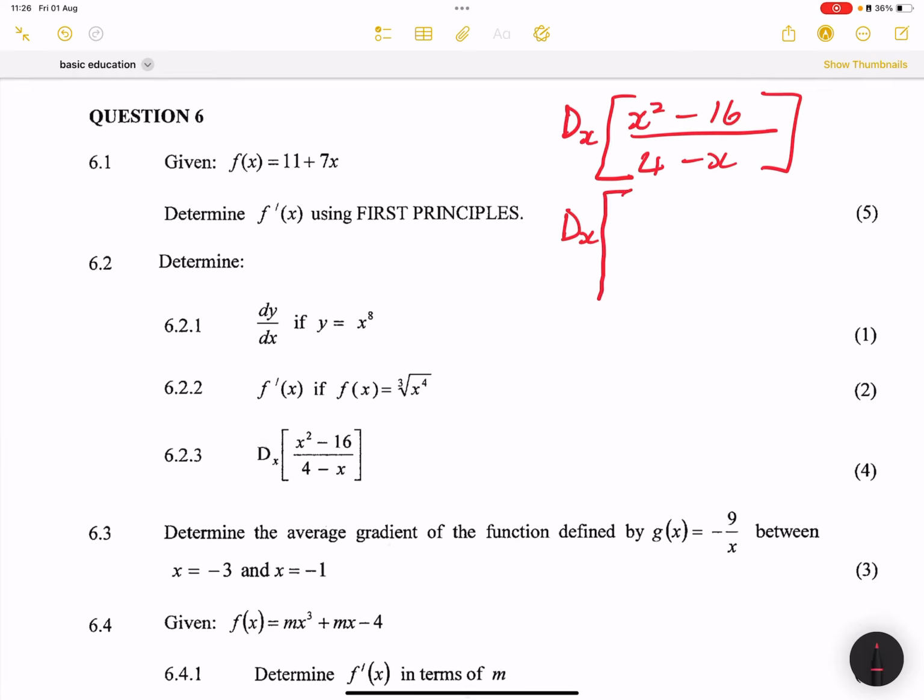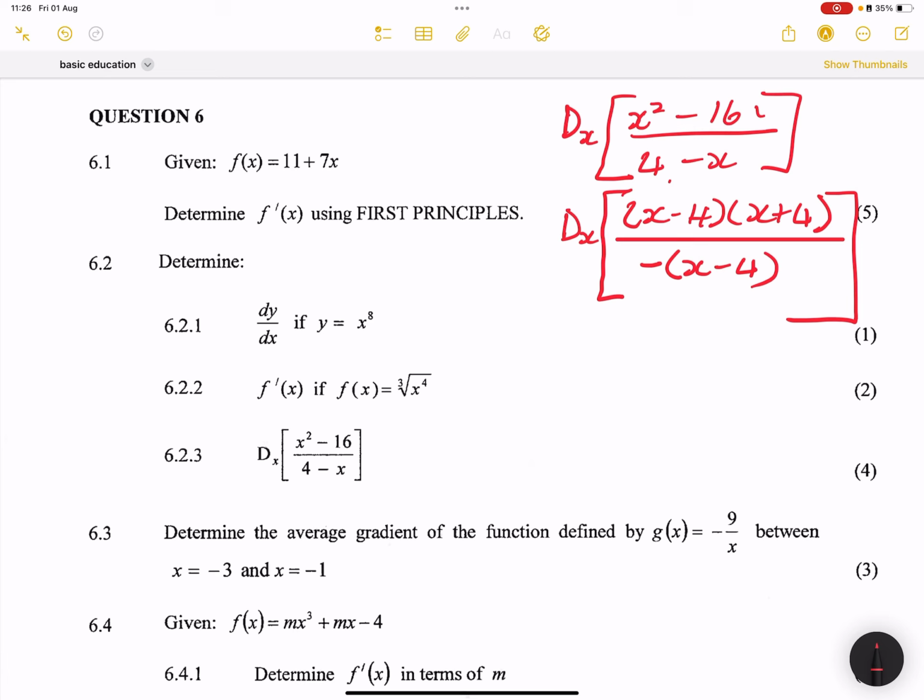This is the difference of two squares, so that gives us x minus 4 times x plus 4 when we factorize it. But let's write 4 minus x as negative of x minus 4. That's going to help us because we can cancel that with that.